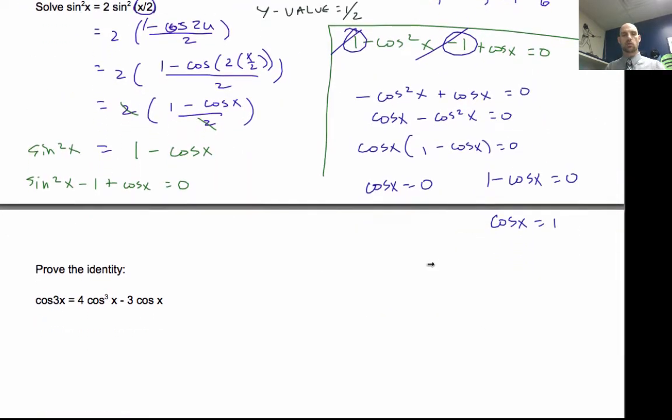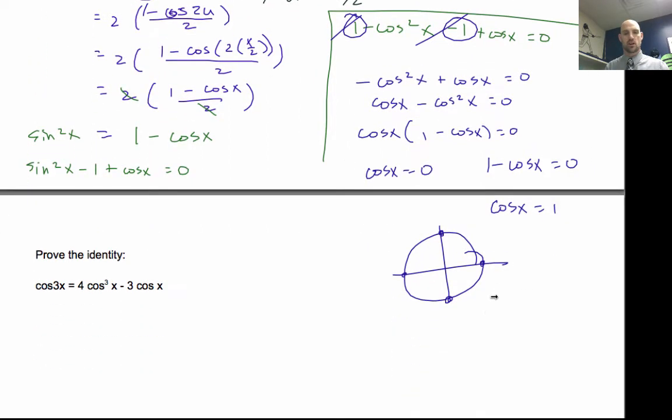So my x coordinate on my unit circle is either 0 or 1. So here, here, here, and here. So let's see. I just need to solve. So I've either got 0, pi over 2, pi, or 3 pi over 2. And any of these are plus 2n pi, right?